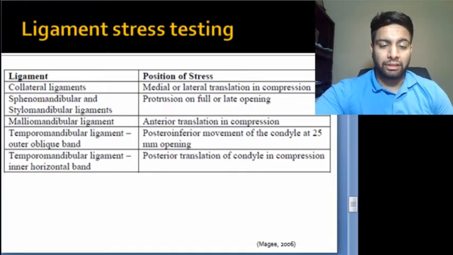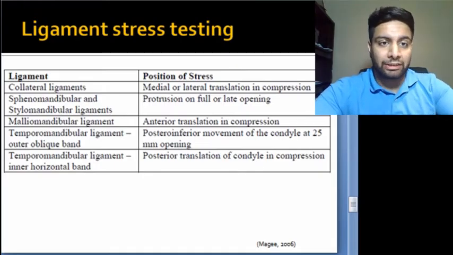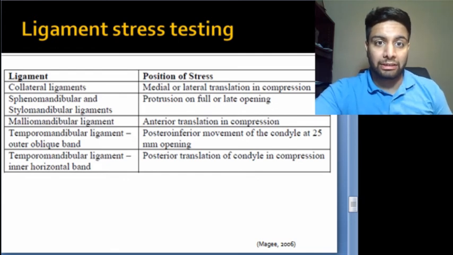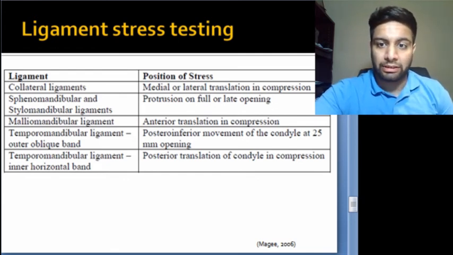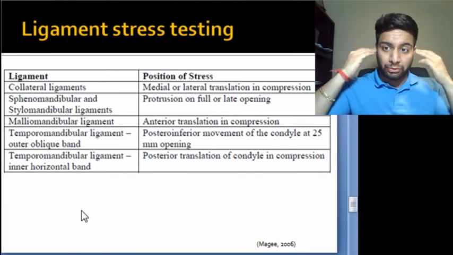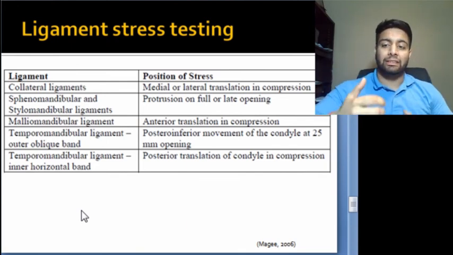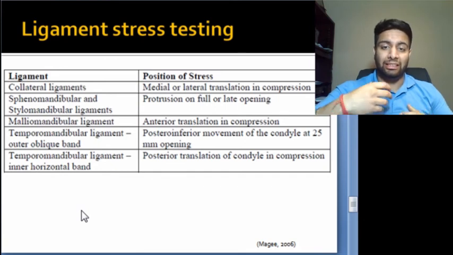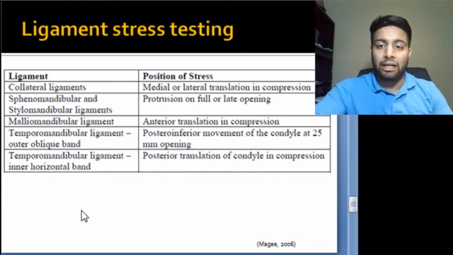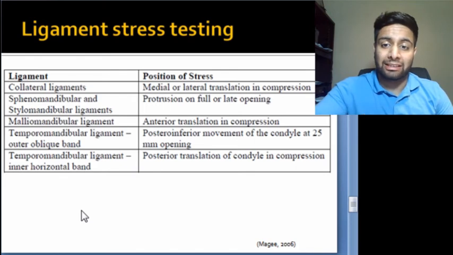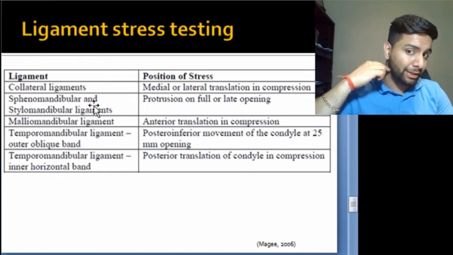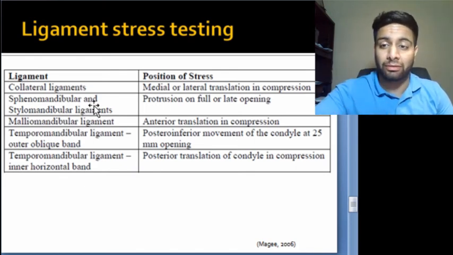Alright, so now that we've done the palpation, we will now talk about the ligament stress testing. Essentially, we have the collateral ligaments, which run along the sides of the joint, medial and lateral. Basically, they're tested with medial and lateral translation and compression to the side. Then you have your sphenomandibular and stylomandibular ligaments, which are the ones at the back, if you remember back to the part 1 video.